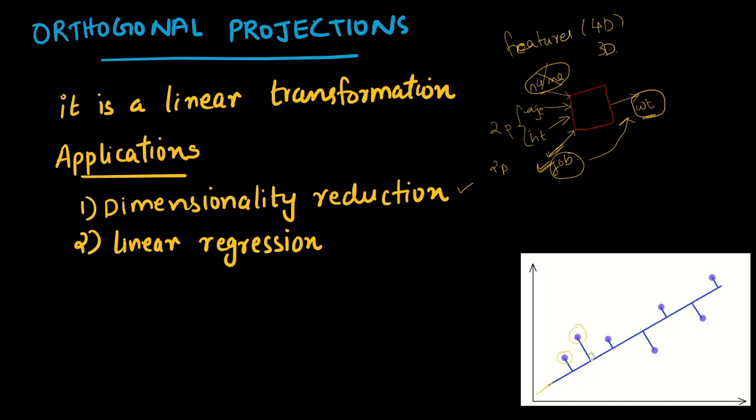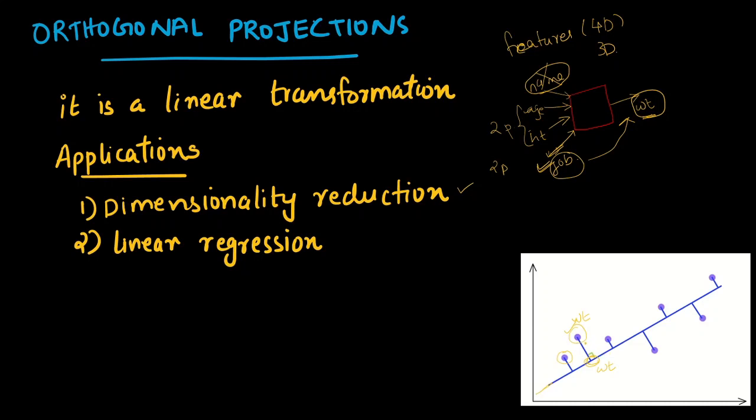The corresponding projection on this line is the prediction. Suppose this is the original weight of the person and this is the predicted weight, the value predicted by our machine learning system. Then this is the projection. We call it the projection of this element on this line.